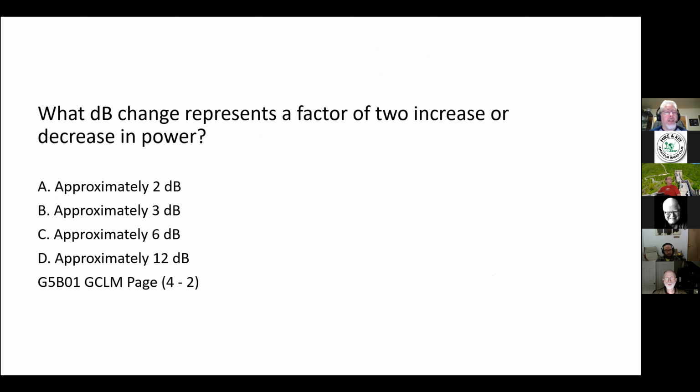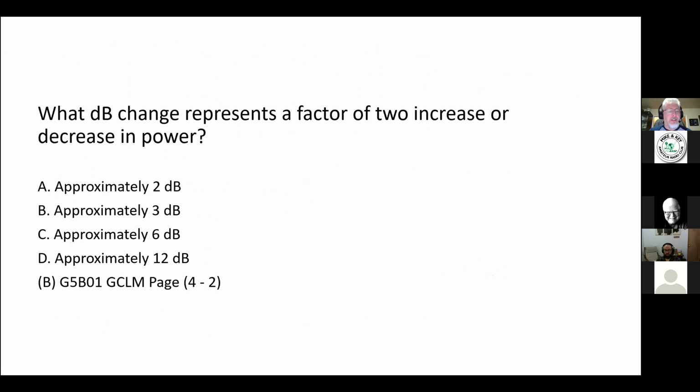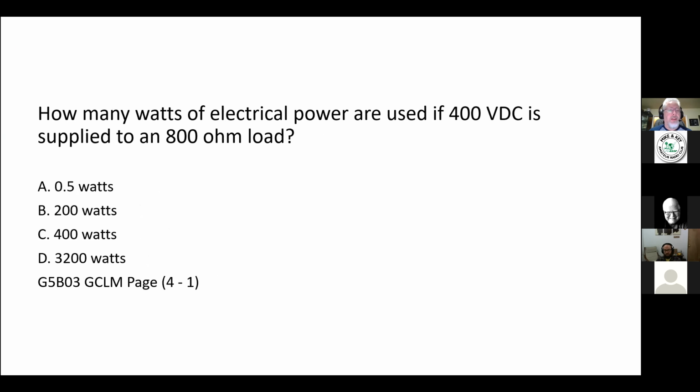So what dB change represents a factor of 2 increase or decrease in power? Approximately 3 dB. How many watts of electrical power are used if 400 volts DC is supplied to an 800 ohm load?